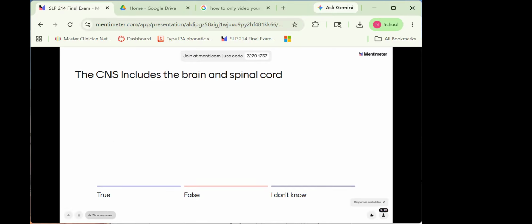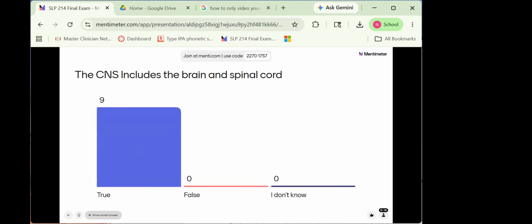True. Yes, it is true. The CNS, the central nervous system, includes the brain and spinal cord.